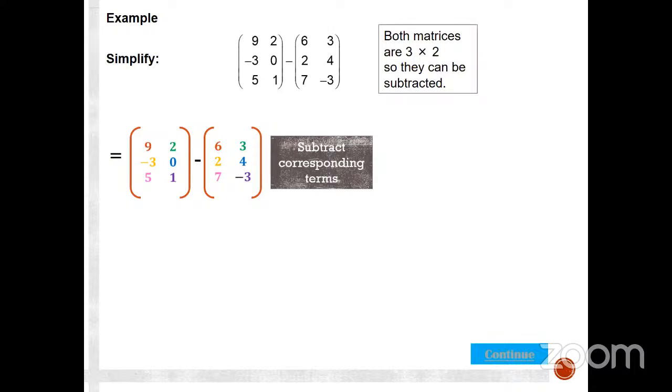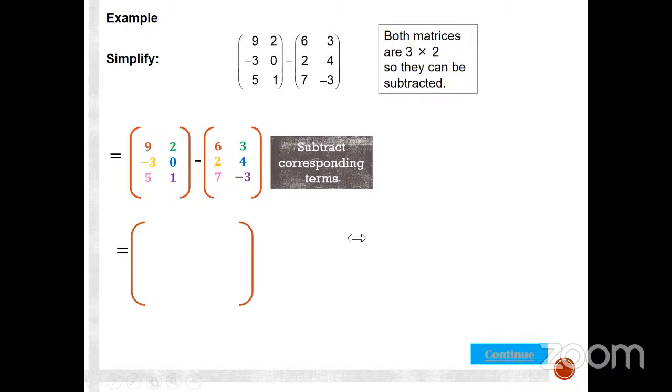So what should the order of our answer be? If I'm subtracting a 3 by 2 from a 3 by 2, my answer should have what order? Amy and Diana say 3 by 2. Very good.